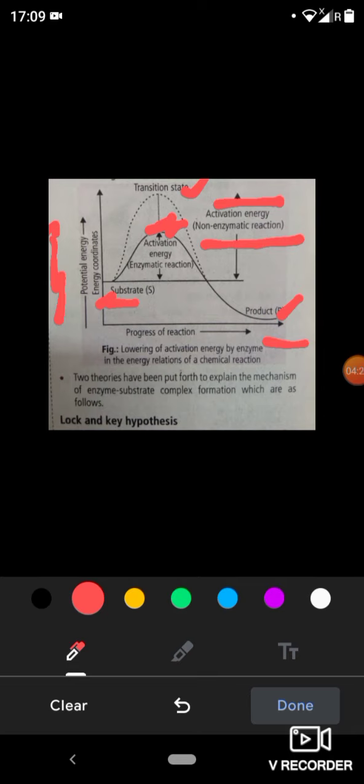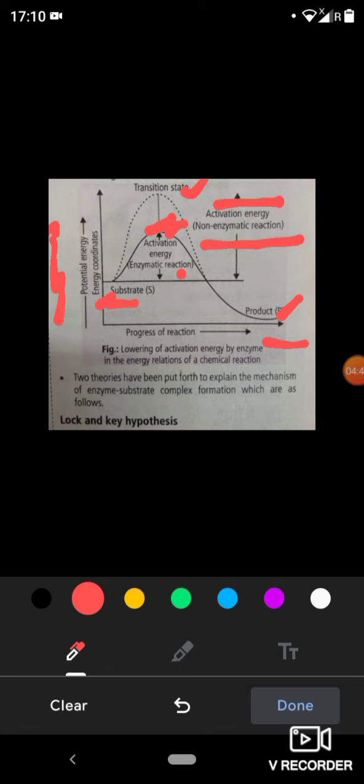So you can see for the enzymatic reaction the activation energy curve is low, and for the non-enzymatic reaction the activation energy curve is higher. So this is about the transition state or the activated state.